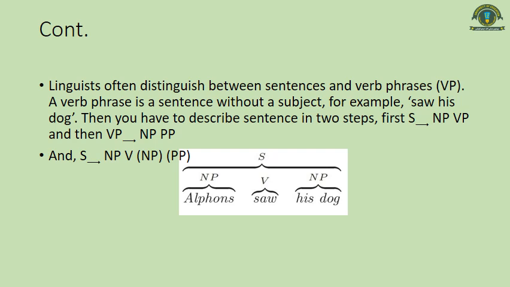So his dog is another noun phrase, whereas Alphonse is also a noun phrase. So the sentence is embedded with other noun phrases, verb phrases and prepositional phrases as well.